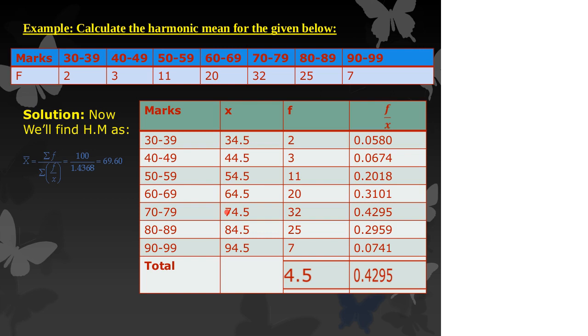Then 50 plus 59 divided by 2. Then 60 plus 69 divided by 2.